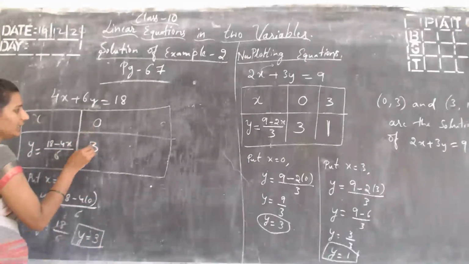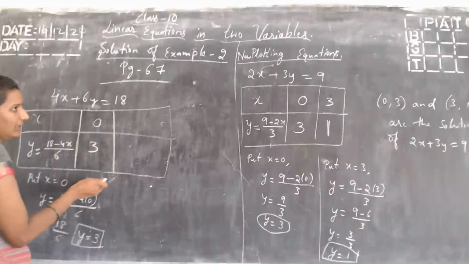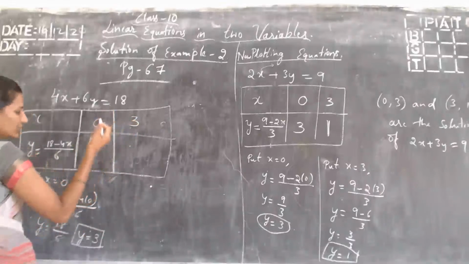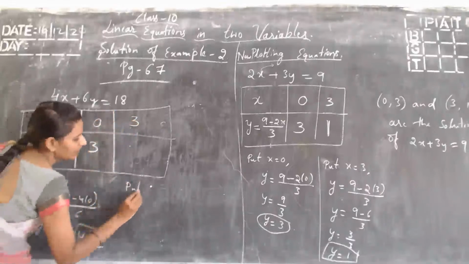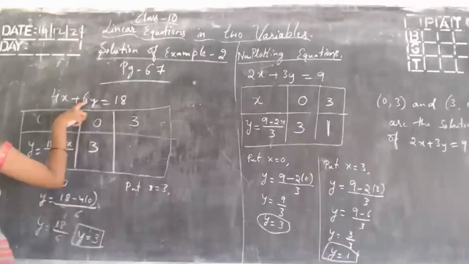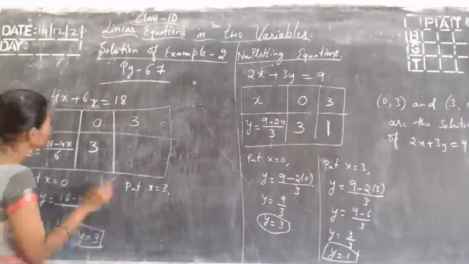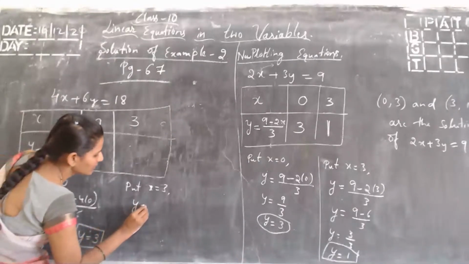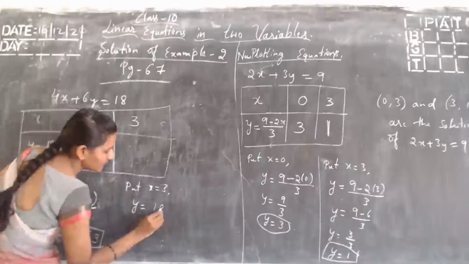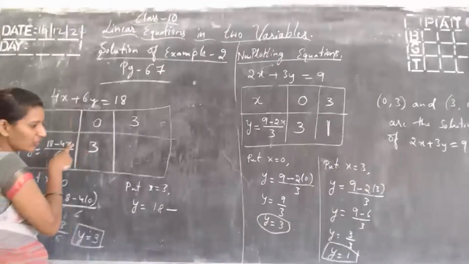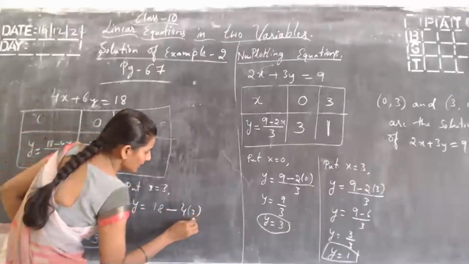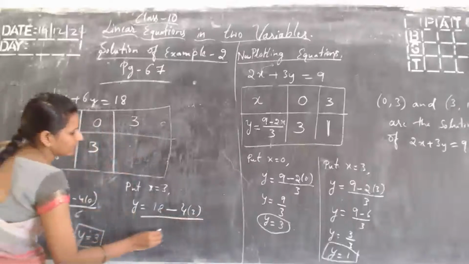What is the value of y? 3. Again, put x is equal to 3. Put whatever value you want. 4 threes are 12. Y is equal to 18 minus 4 into 3 divided by 6.